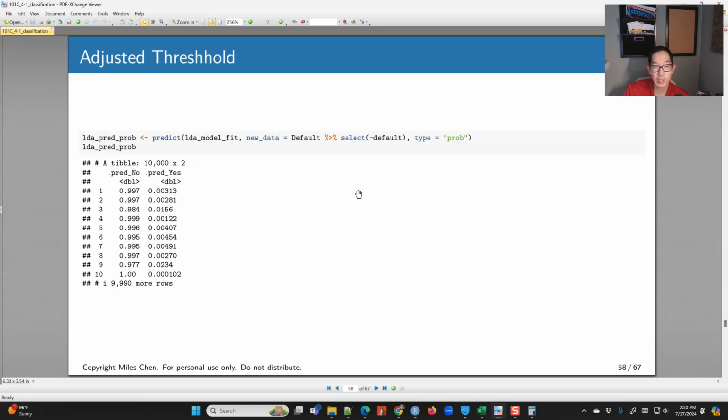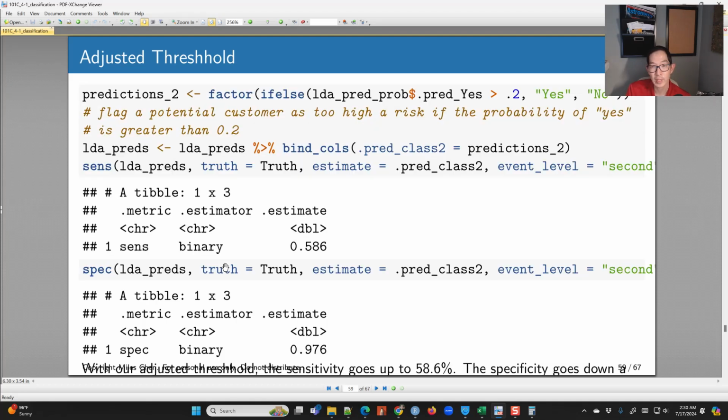We have the probability of whether they're going to default, and a lot of these numbers are pretty low, 1%, 2%, less than 1%. So here, for our predictions, we can create a factor of yes or no based on that prediction probability.